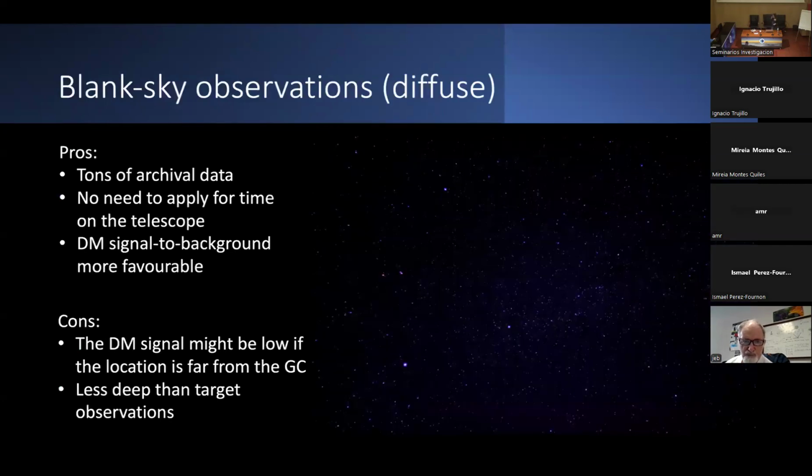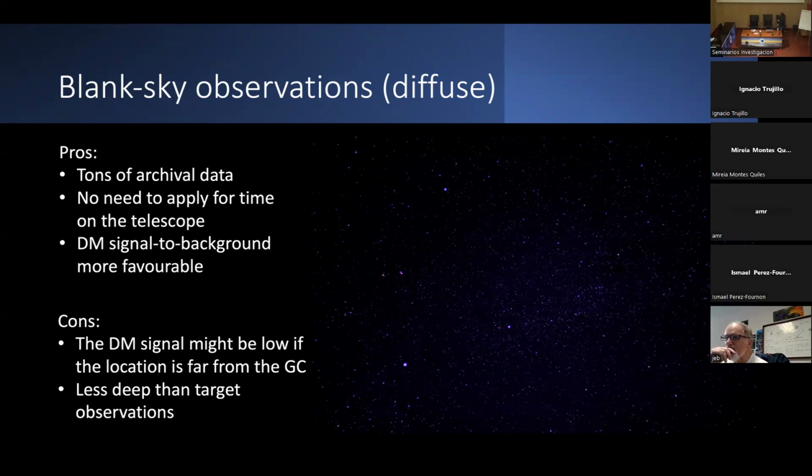So blind sky observation. When I say blind sky observation, I mean all the diffuse emission that fills our beautiful universe. The pro of looking into diffuse emission is that there are tons of archival data out there. Because, and you can confirm, when I observationally look at a bright galaxy, they typically also take the field next to it for sky subtraction.